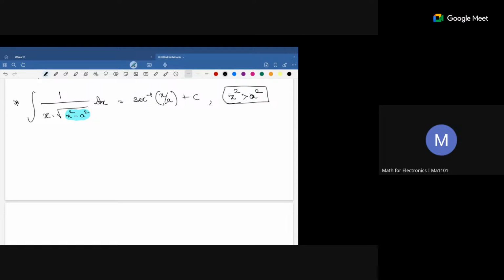So this is about the inverse trigonometric functions and some calculus on them.